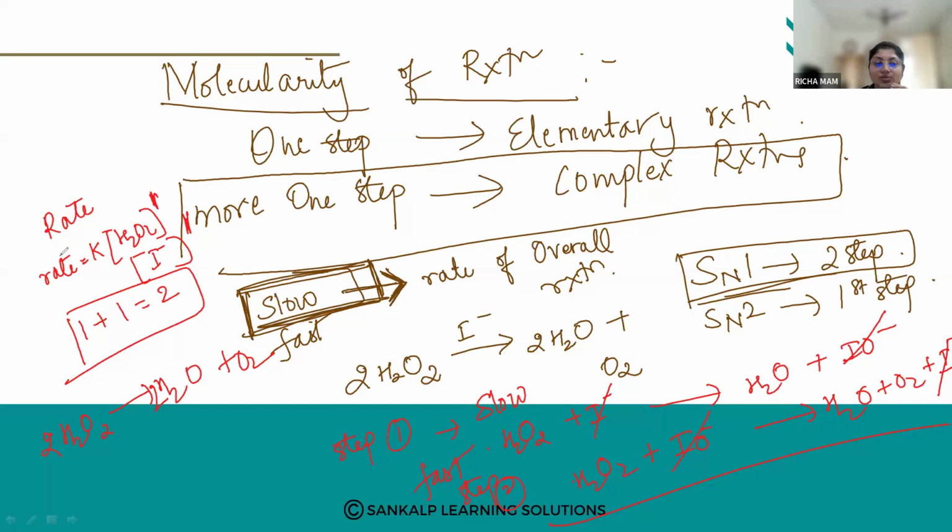Such reactions are described by their molecularity. So order of reaction is different and molecularity of reaction is different. The other things related to molecularity, let us discuss in the next class. We will take some more examples in the next class, then your doubts will be clear.